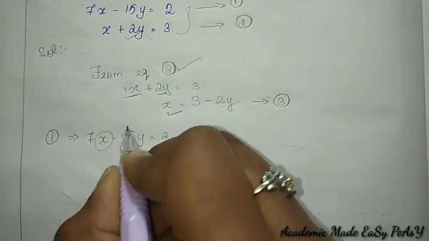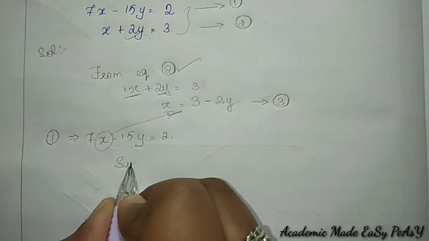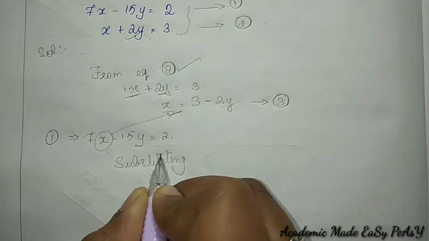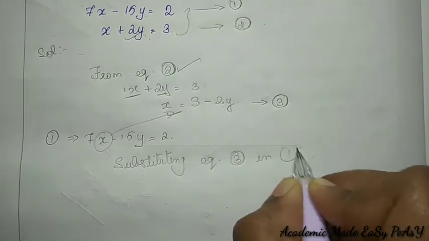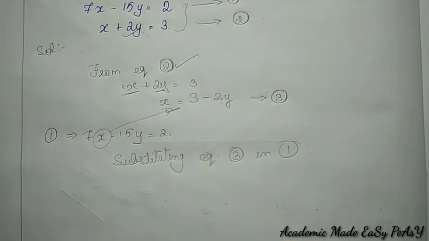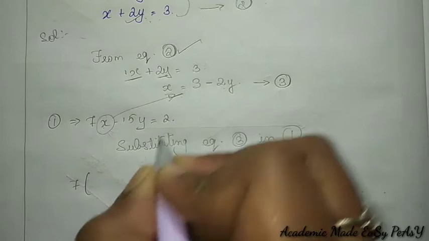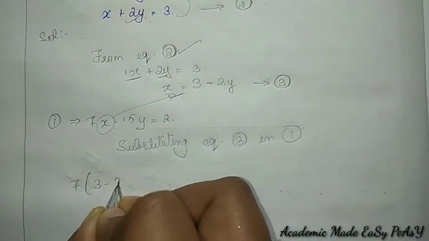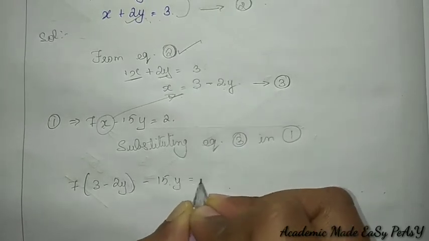So for this x, I will be substituting this value. Substituting equation 3 in equation 1, I will be substituting over here. So 7 into what is my x? 3 minus 2y. So 7 times (3 minus 2y) minus 15y is equal to 2.